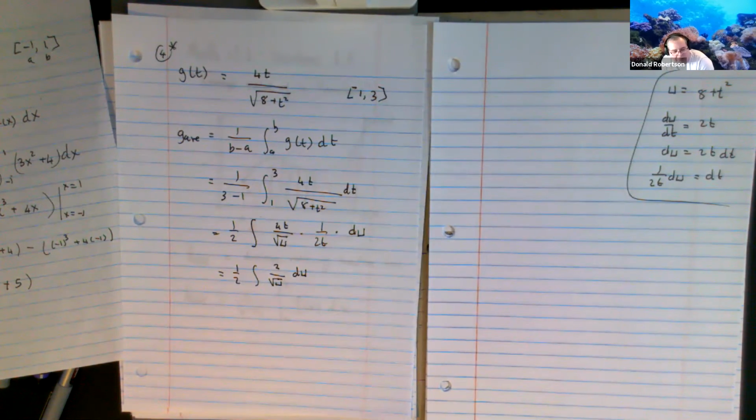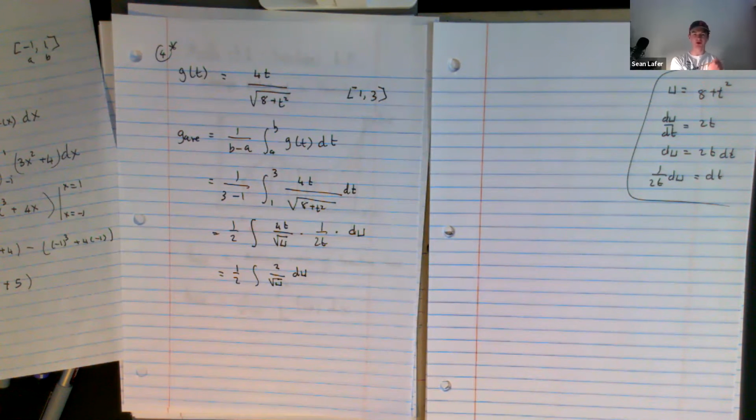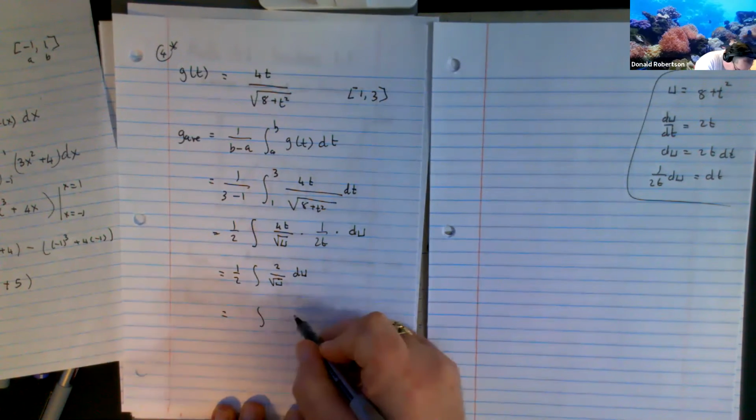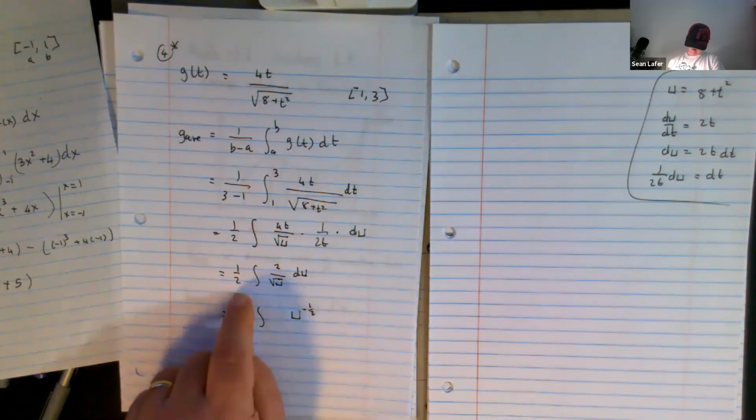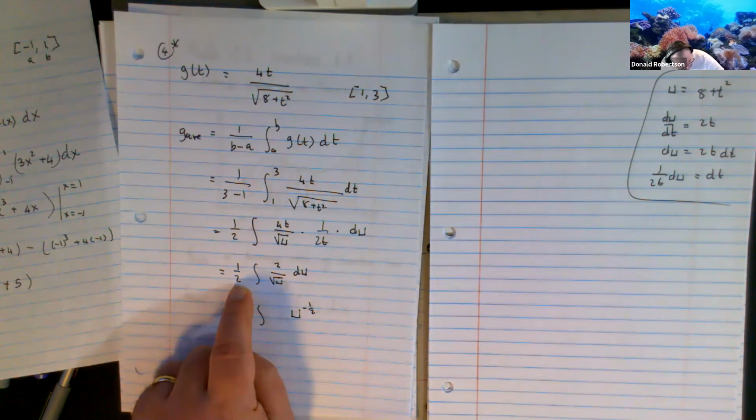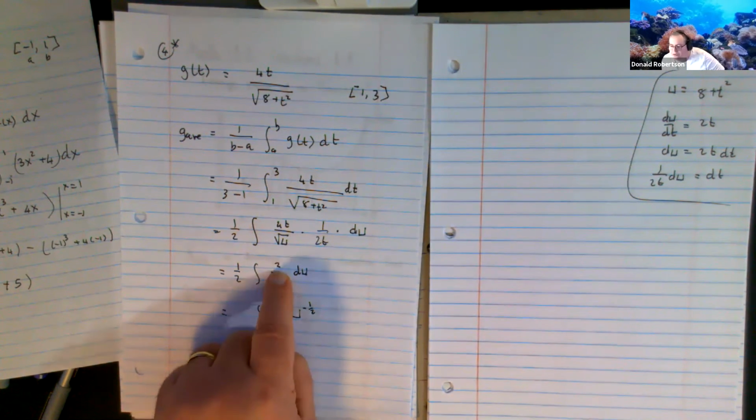Anything you think I might be able to do in this integral just to make my life a little bit easier? Bring the u up and make it to the -1/2 power. I definitely agree on that. See this half that's here, it interacts with this 2, agreed?